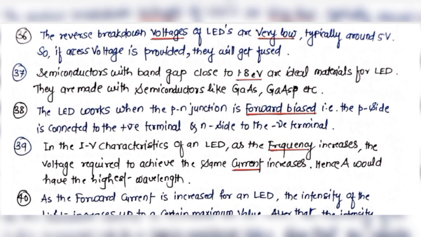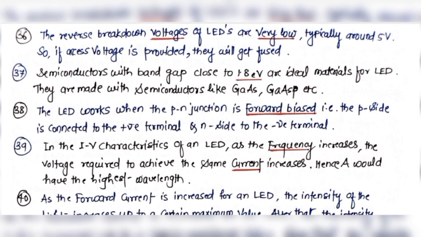So, if a high voltage is provided, they will get fused. Semiconductors with band gap close to 1.8 eV are ideal materials for LEDs. They are made with semiconductors like GaAs, GaAsP, etc.